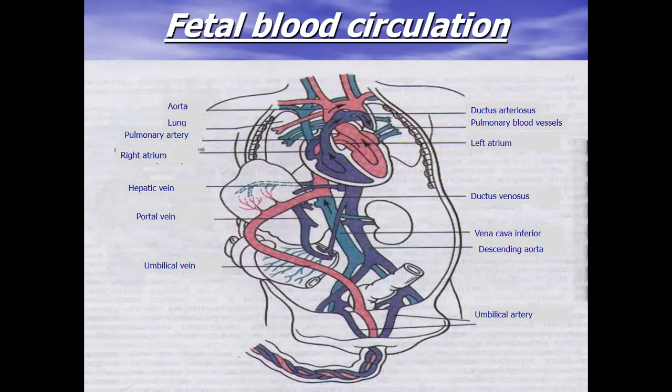So the liver, the head, and the upper part of the fetal body obtain blood more saturated with oxygen and nutrients, providing for more intensive development of these parts of the body as compared with the pelvic organs and lower limbs.